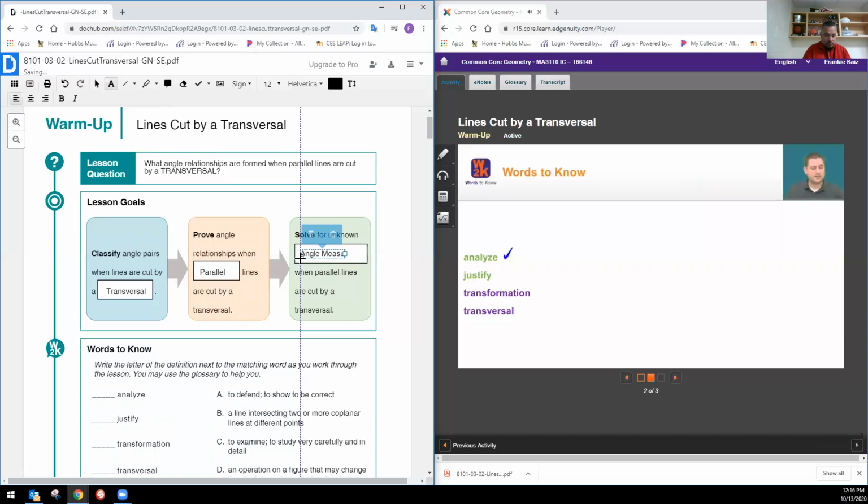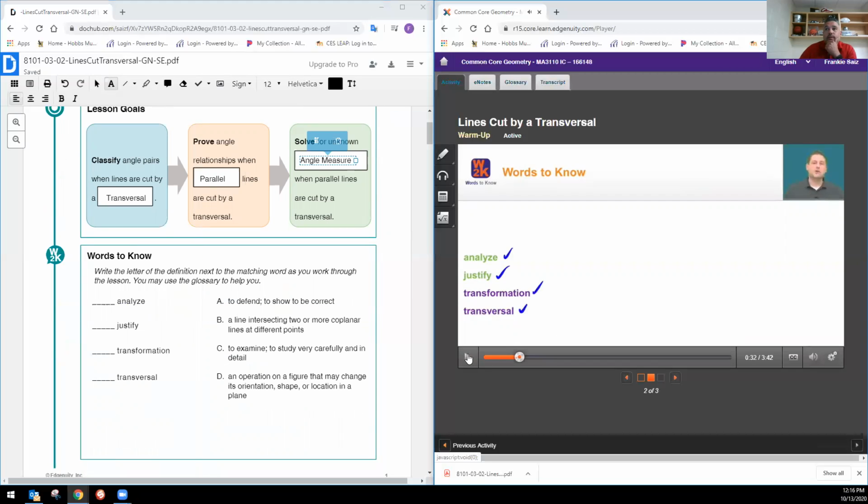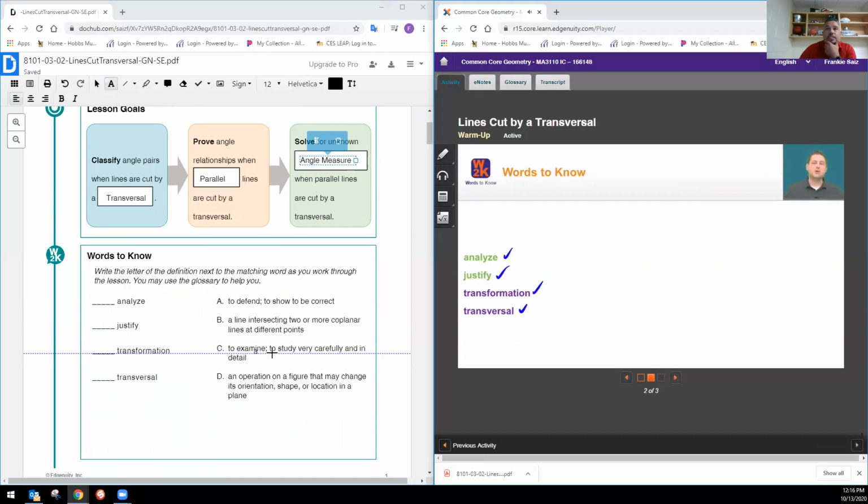We have analyze and justify, which are in green because you're going to see them in other courses, not just math. We also have transformation and that word transversal. These are in purple. Analyze means to examine or study. Justify means to defend or show to be correct.